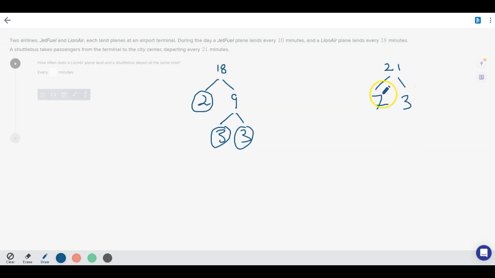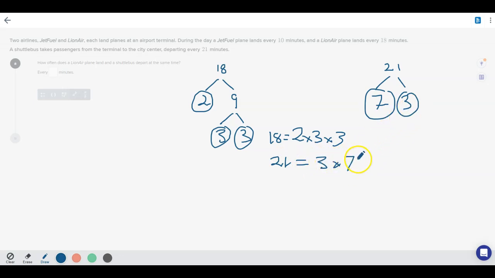Now they're both prime numbers, so we can just close them off straight away. So 2 times 3 times 3 is the prime factorization of 18, and the prime factorization of 21 is 3 times 7. I've written it that way because we should be going from our smallest number to our largest number.